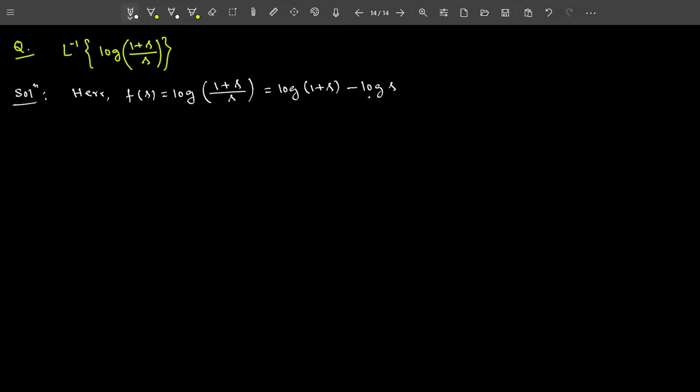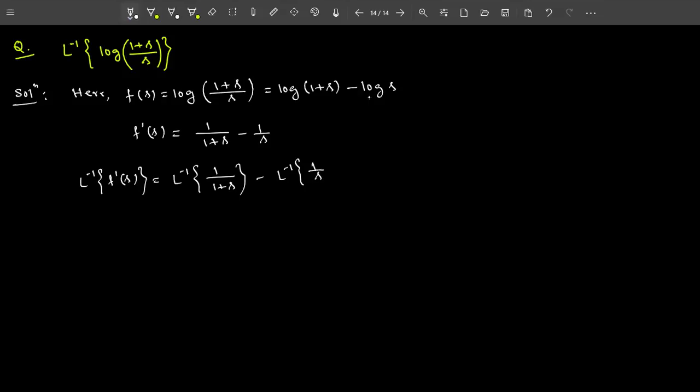Now, what will be f dash s? f dash s equals 1 by (1 plus s) minus 1 by s. Now apply Laplace inverse on the function f dash s. So Laplace inverse of f dash s is equal to Laplace inverse of 1 by (1 plus s) minus Laplace inverse of 1 by s.